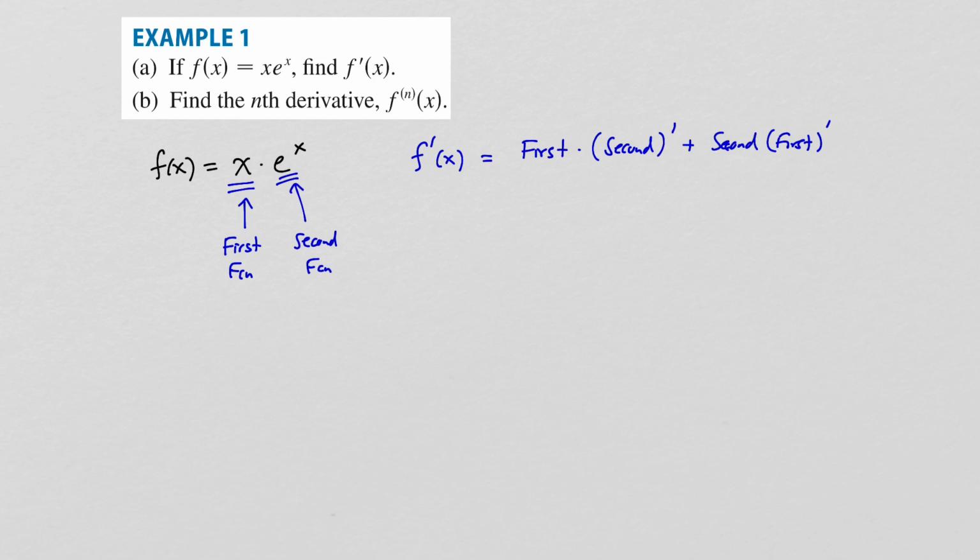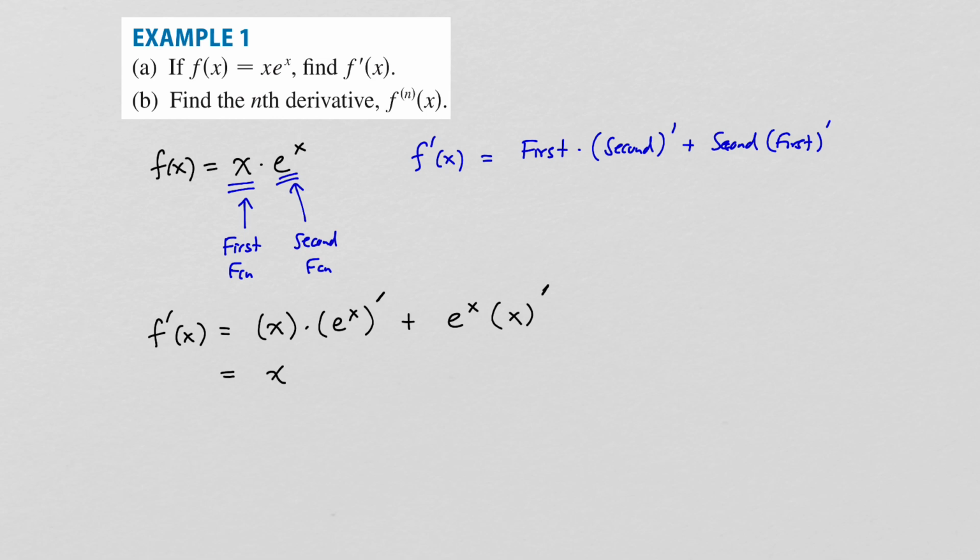So in this particular case, f prime of x is going to be the first function x multiplied by the derivative of the second function, e to the x, plus the second function e to the x multiplied by the derivative of the first function.